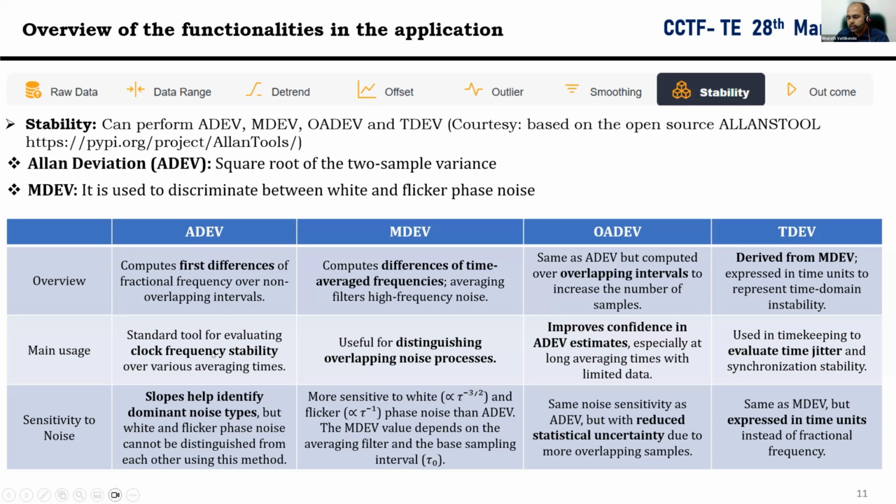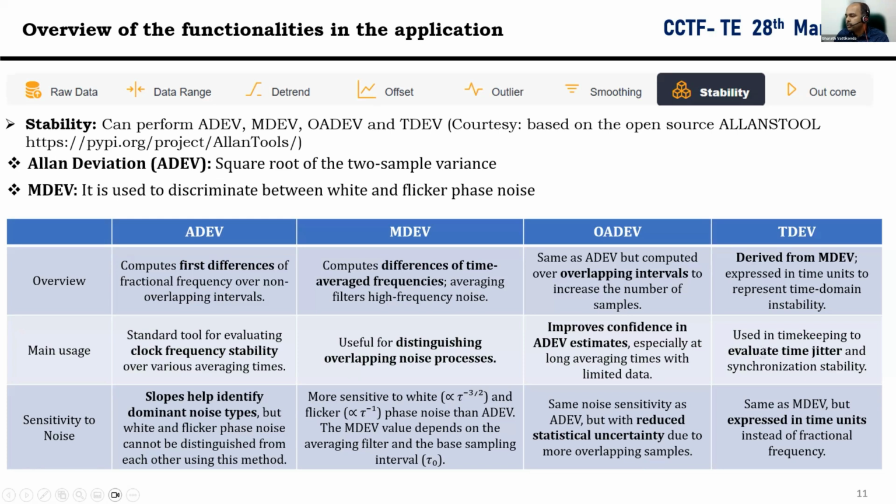The main usage of Allan deviation is to evaluate the clock frequency stability. The modified Allan deviation is used to distinguish overlapping noise processes, and overlapping Allan deviation improves the confidence in the Allan deviation estimates, especially at long averaging times with a limited data set.